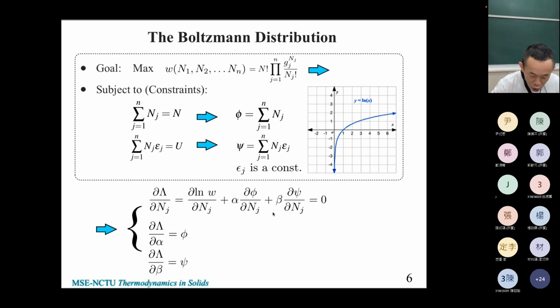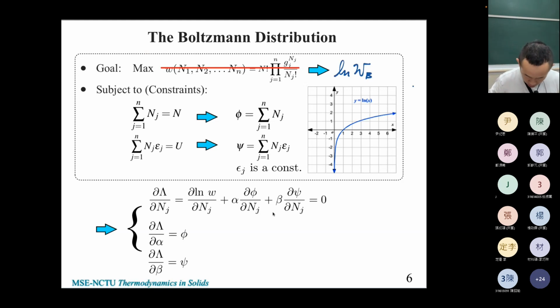So how about we change our goal? We don't want to maximize this. We make it simpler. Can we maximize natural log W instead? Can we do that?